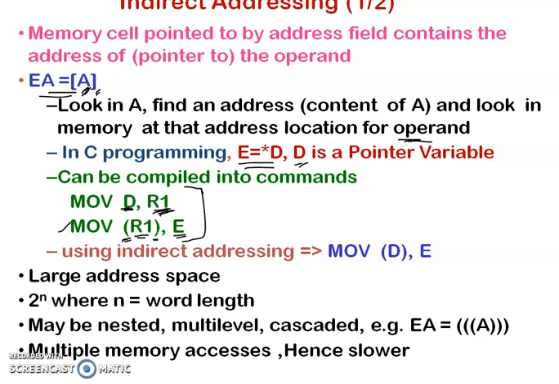If a parenthesis is seen inside the instruction, then that variable will be having an address, and the whole instruction will be following an indirect addressing mode. The same instruction can be written like this also: MOVE (D), E, which means that D is having an address, and inside that address you will be having one value.